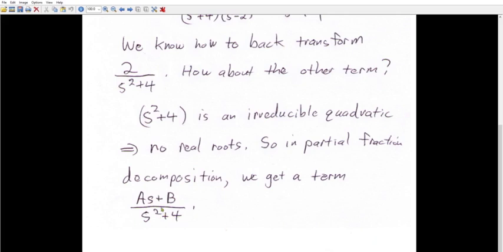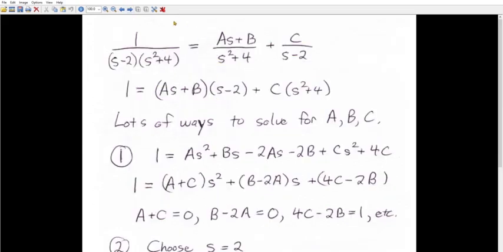So here it's As + B. When we do this, we've got (As + B) over (s² + 4) plus C over (s − 2), standard decomposition. Multiply through. 1 equals (As + B)(s − 2) + C(s² + 4).